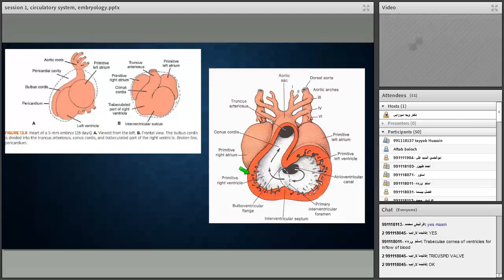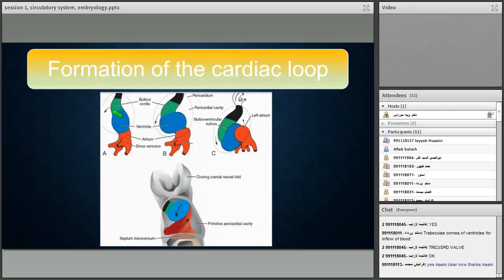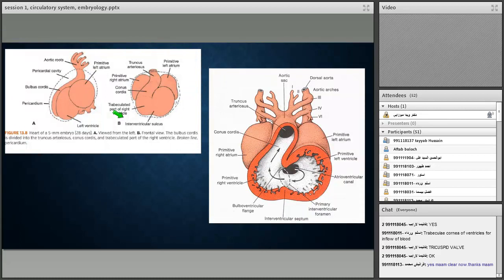So, the primitive ventricle, the blue color in that slide, is forming the trabeculated part of the left ventricle, and the green part, the bulbus cordis, is forming the trabeculated part of the right ventricle, these two parts.